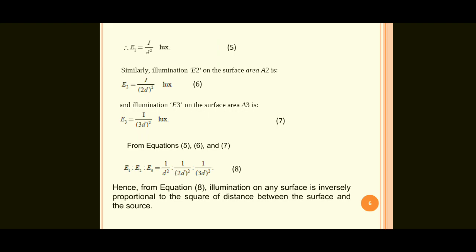This goes to equation number 7. So from equations 5, 6 and 7, E1, E2, E3 equal I by d square, I by 2D whole square, I by 3D whole square. This is equation number 8.